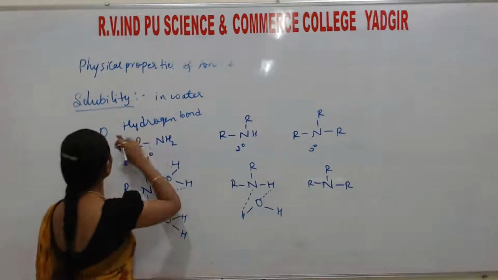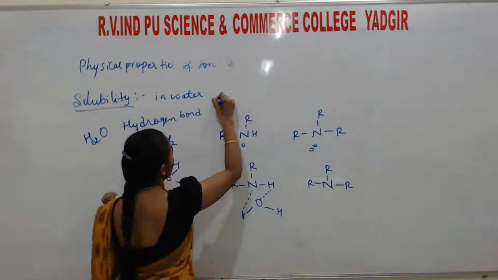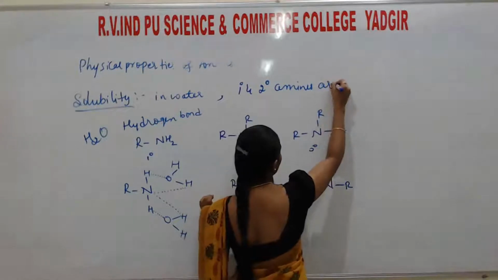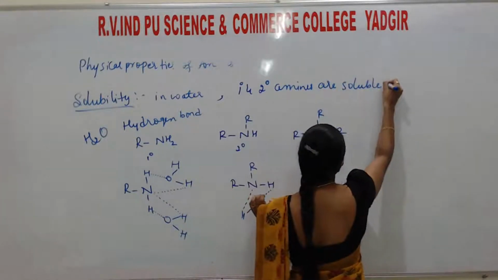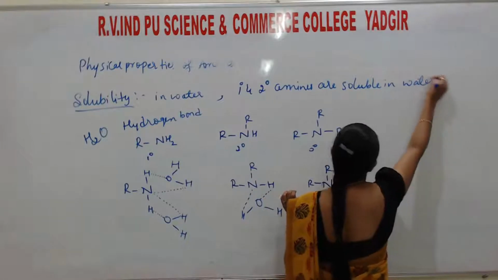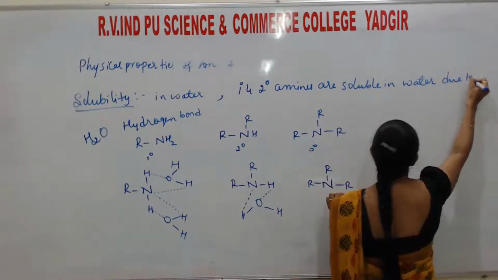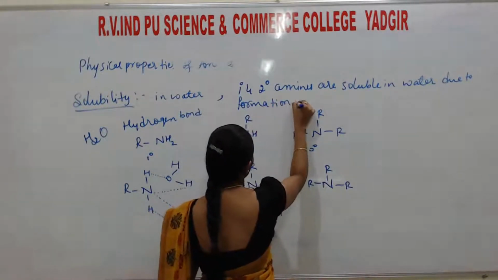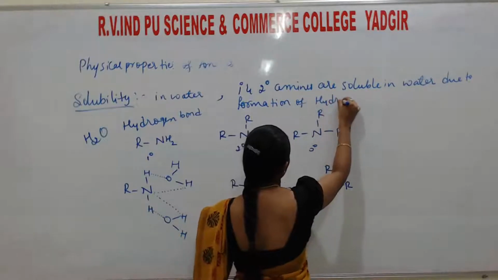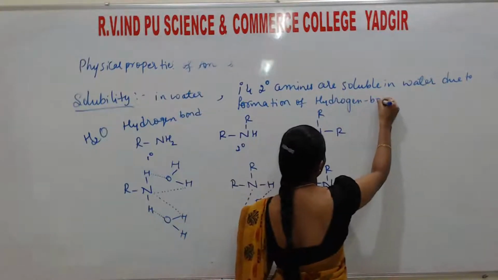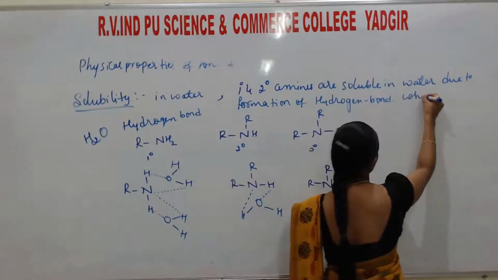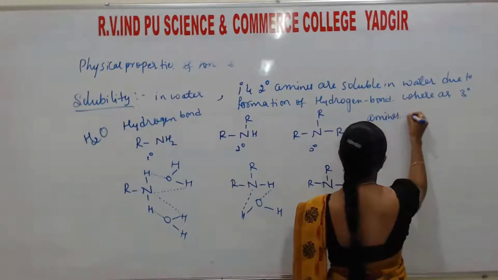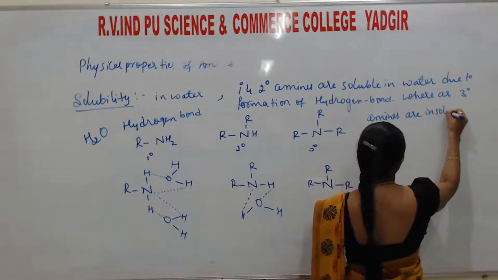So if you consider solubility in water, the primary and secondary amines are soluble in water due to formation of hydrogen bond, whereas tertiary amines are insoluble.